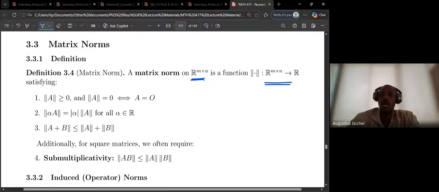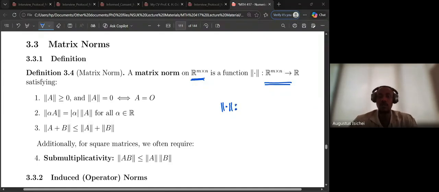So who can tell me how the vector norm was defined again? Bala, how was the vector norm defined? What's the symbolic representation of the vector norm? Is Bala no longer on this call? Mustafa, how was the vector norm defined?